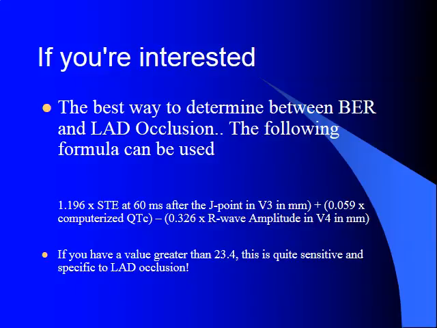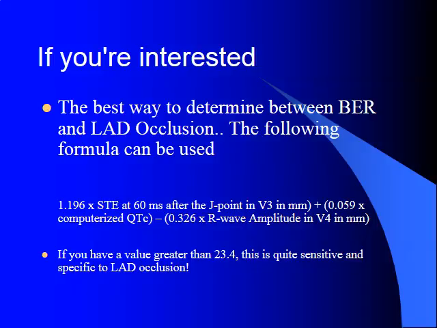The best way to determine between benign early repole and anterior descending occlusion is the following formula. This is a formula developed by Dr. Steve Smith, and he created it, kind of a rule of proportionality.